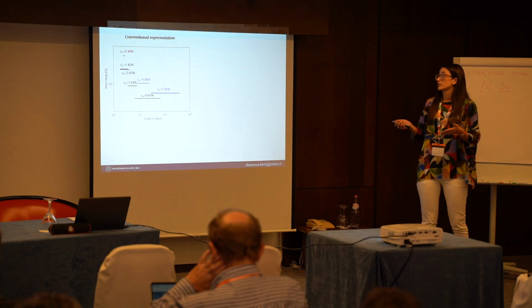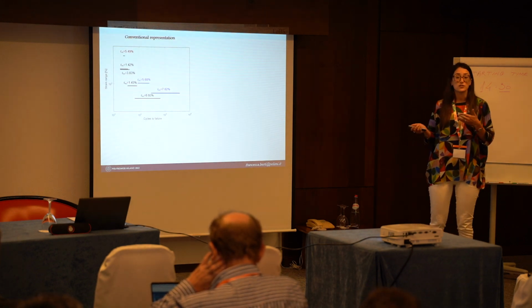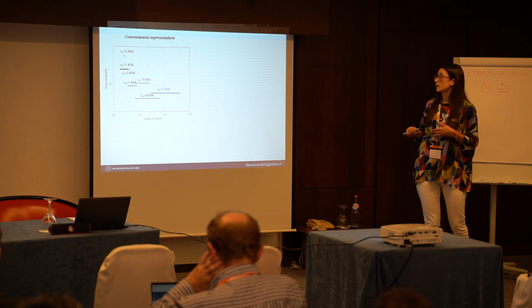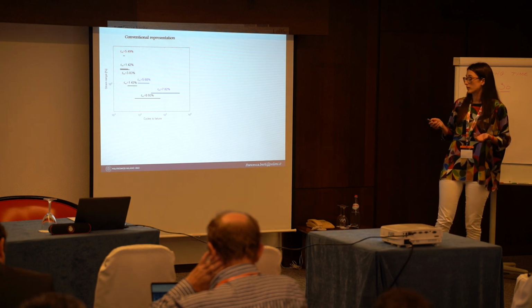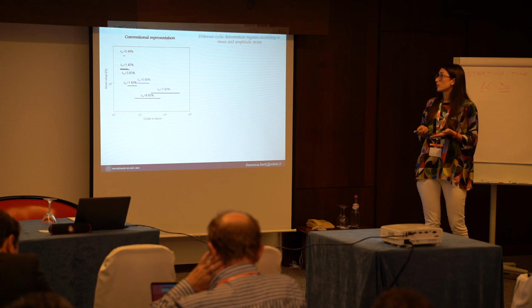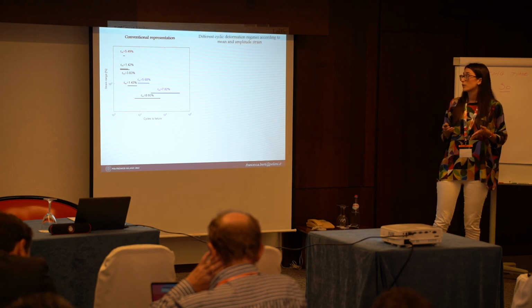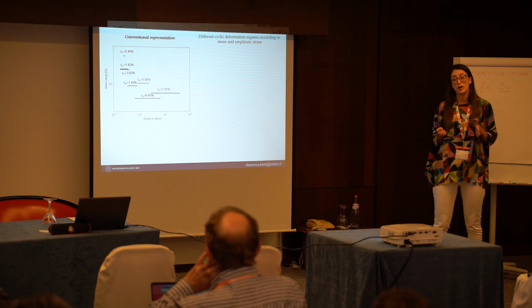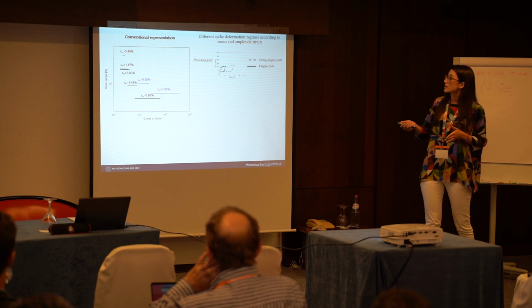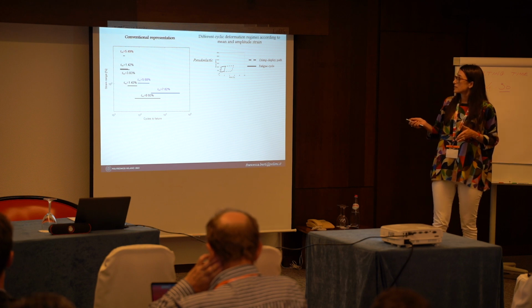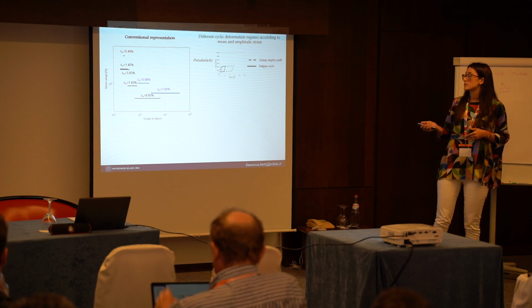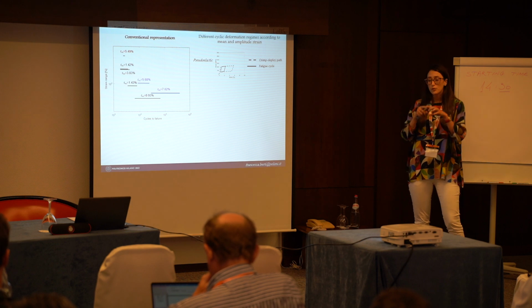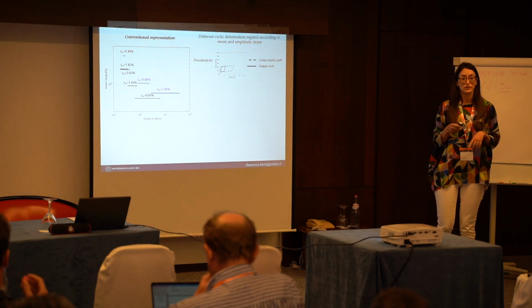This is the conventional representation of our results in a strain-life diagram. As you can see, there is not much correlation. But moreover, we found that there were different deformation regimes according to the different mean and amplitude strain. In particular, those results in black, you can see in the cycle, were characterized by a pseudoelastic behavior, so with high hysteresis during their cycling.